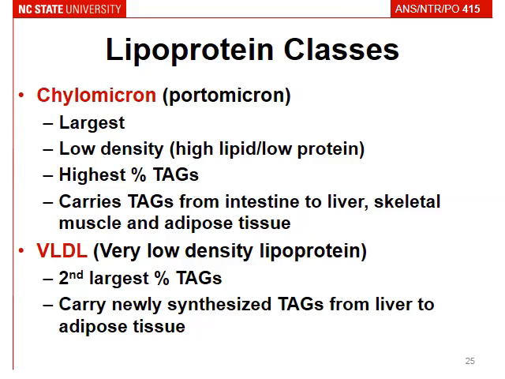So any of the triglycerides that our liver has synthesized, if you're eating too many carbohydrates and you need to convert that glucose into a more readily stored form, we're going to use that VLDL to transport those synthesized triglycerides, which originally came from too many carbohydrates, to our adipose tissue.